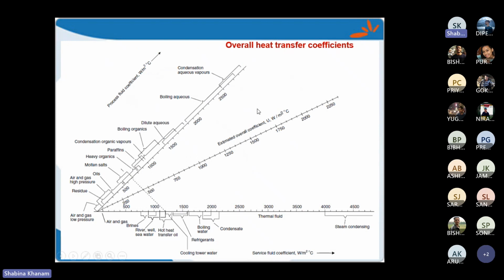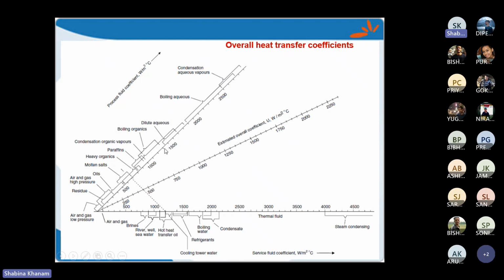It will depend on this overall heat transfer coefficient chart, which I have taken from Richardson Coulson volume 6, which is used for design purposes. I think it is available in chapter 12, you can see. If you see this chart, it has three different lines. One is for the process fluid.